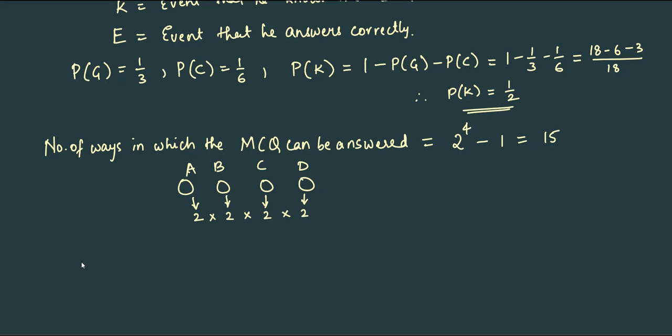So now comes this. The probability of his answering correctly, given that he guesses. When he guesses, he has 15 options, of which only one will be correct.